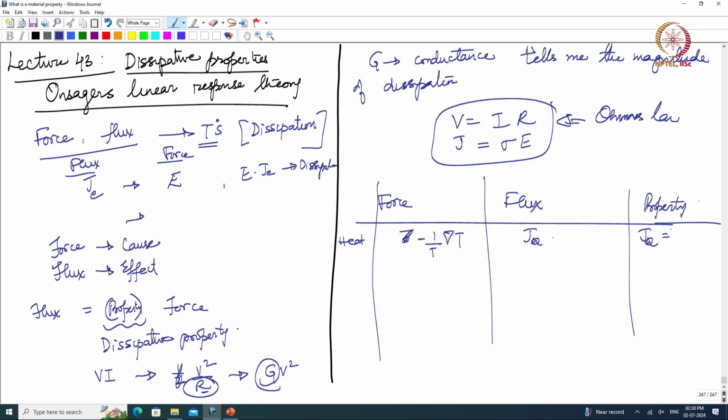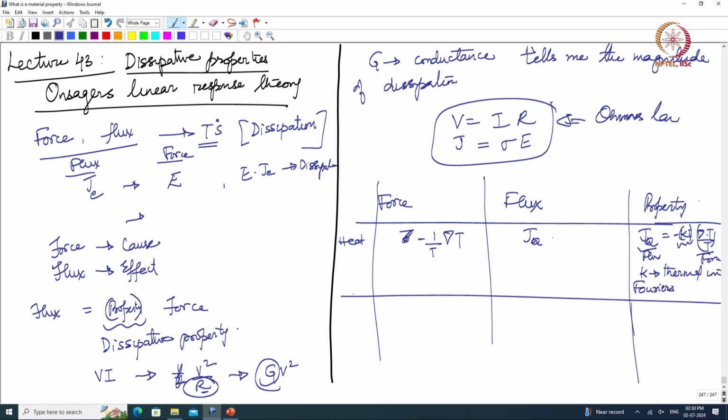Jq is equal to minus k gradient of T, right. So in some sense I can say Kt is the property, this is the flux, this is the force, and K is the thermal conductivity. And what I have here is Fourier's first law of heat conduction.